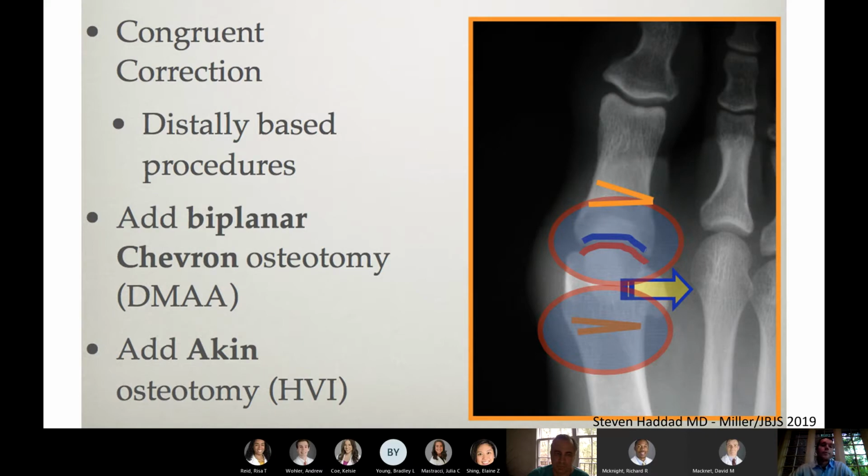So doing a biplanar distal chevron, which essentially means doing a chevron osteotomy where you take out preferentially more bone laterally than medially, allows you to correct your distal metatarsal articular angle some. You can also address your hallux valgus interphalangeus with an Aiken, or you can use a more proximal osteotomy like a scarf to rotate as well to increase your DMAA while maintaining your joint congruence.